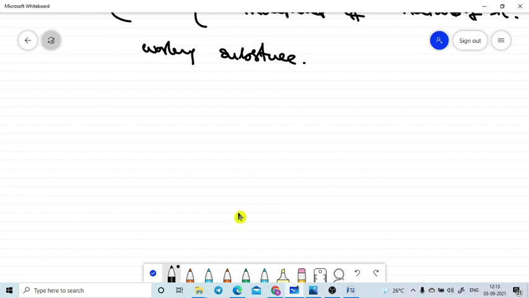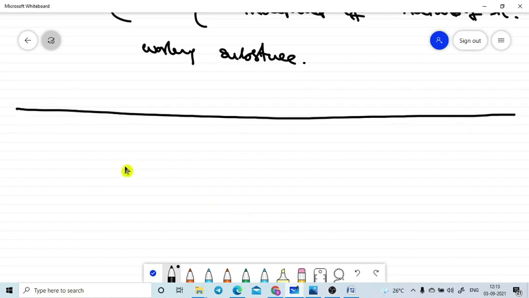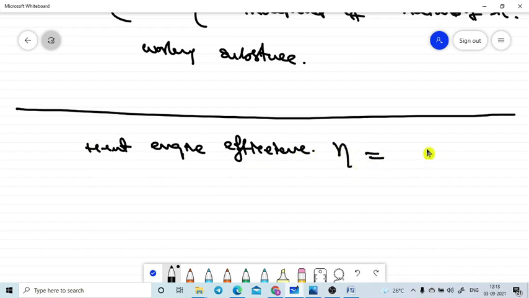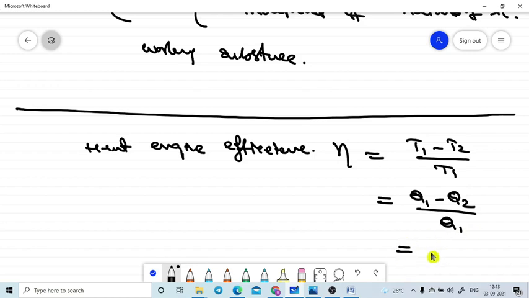Now let me move on to another topic. We already completed the heat engine efficiency eta. We already know that the efficiency eta is equal to T1 minus T2 divided by T1, or Q1 minus Q2 divided by Q1, otherwise total work done divided by Q1.